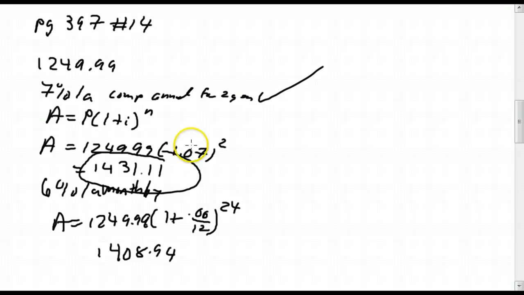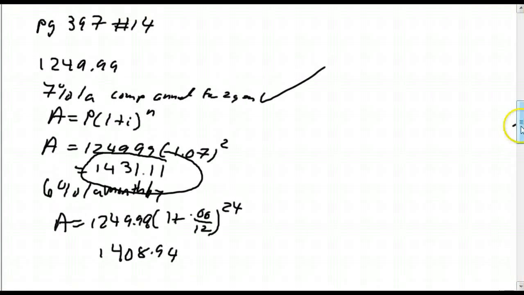And then one of the last, let's take a look at part of number 18 on page 398. This is where we'll end up. We've got Emma borrowing for a car.